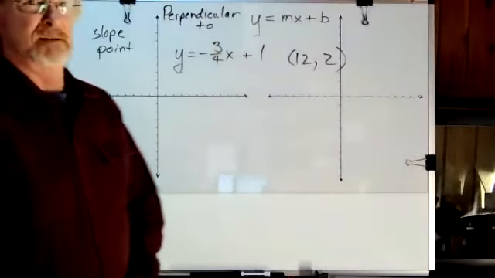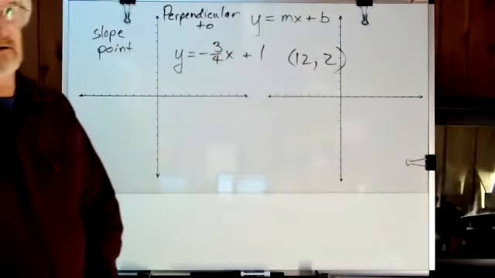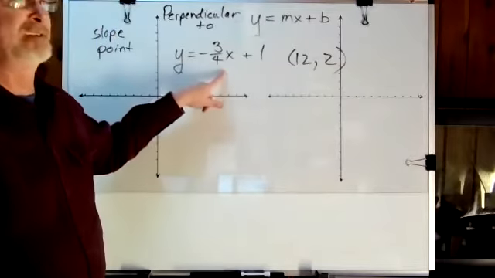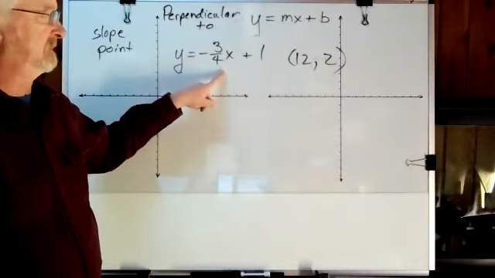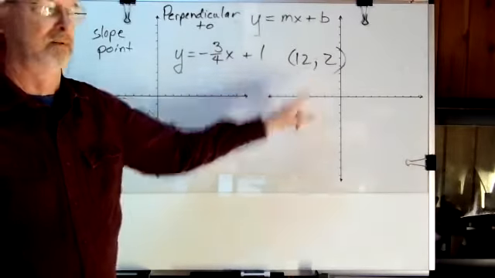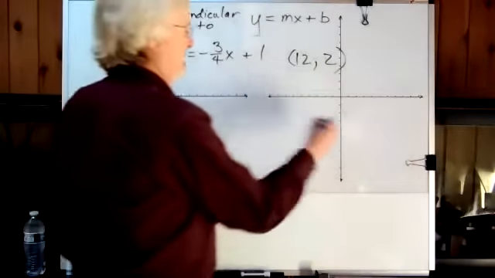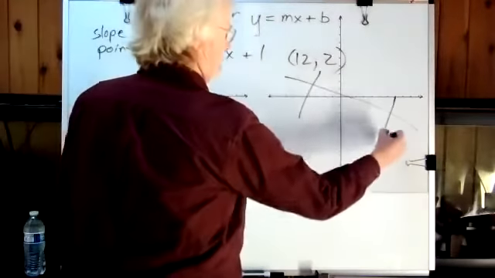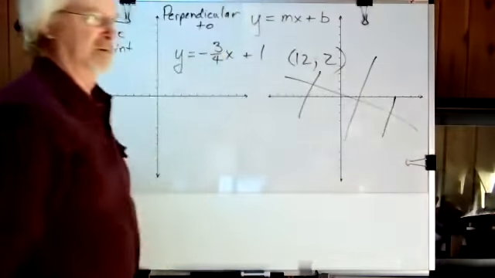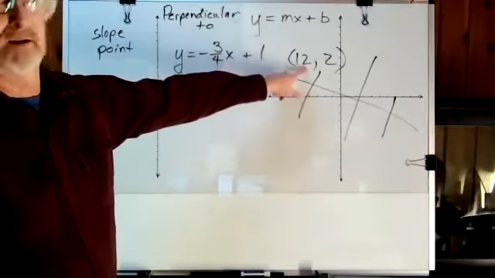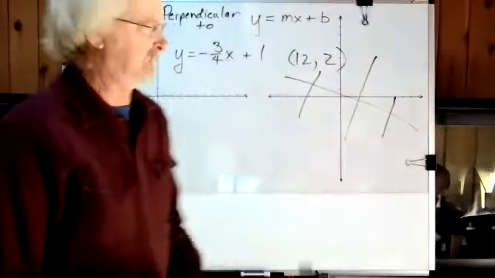I like the equation of a line. I don't know why, but for some reason. The equation of a line that's perpendicular to this one and goes through that point. Whatever this line is over here, I can be perpendicular here, I can be perpendicular here, right? There are a number of possible perpendicular lines, but it's got to go through that point. One out here someplace.